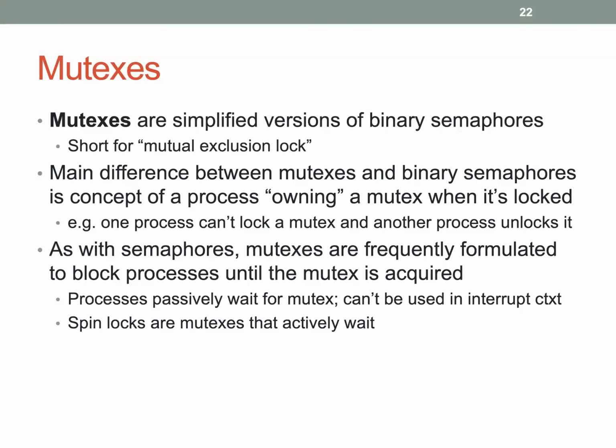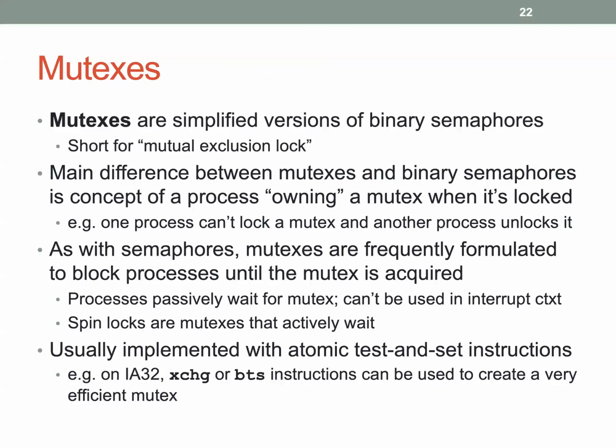Okay, as with semaphores, mutexes are formulated to block processes, but you can also use a try lock on a mutex as well if you're in a situation where it's okay if you can't do the thing that you hope to do. All right, and I already mentioned this. Exchange or bit test and set operations are used to build mutexes. Very straightforward mechanism.